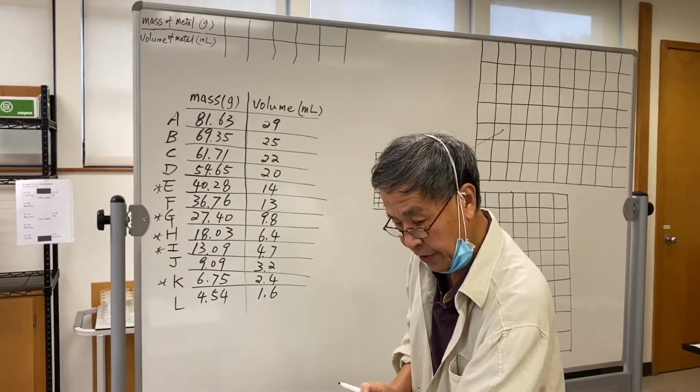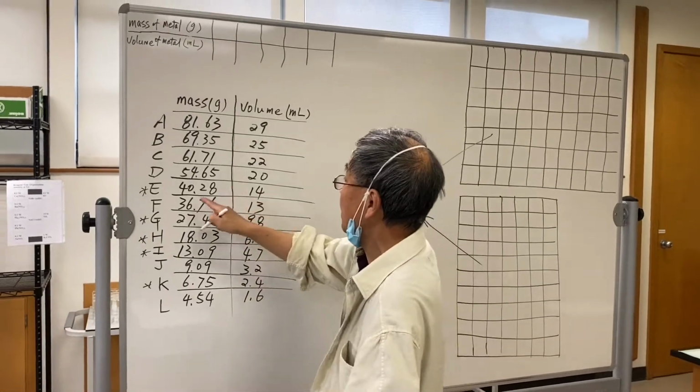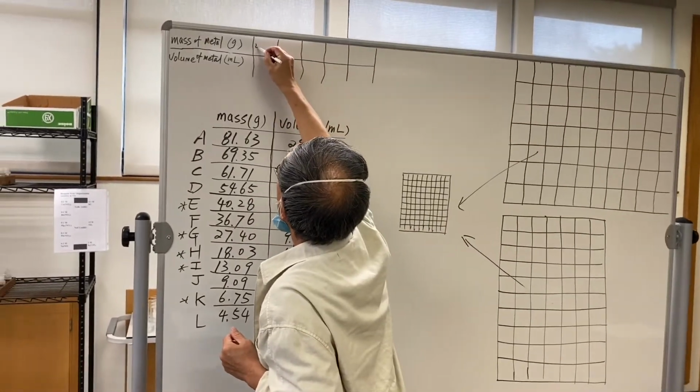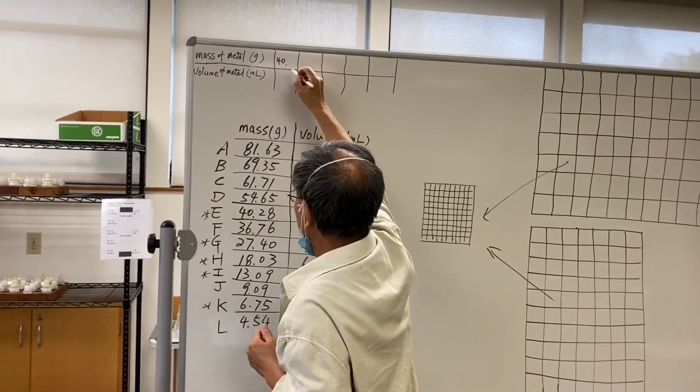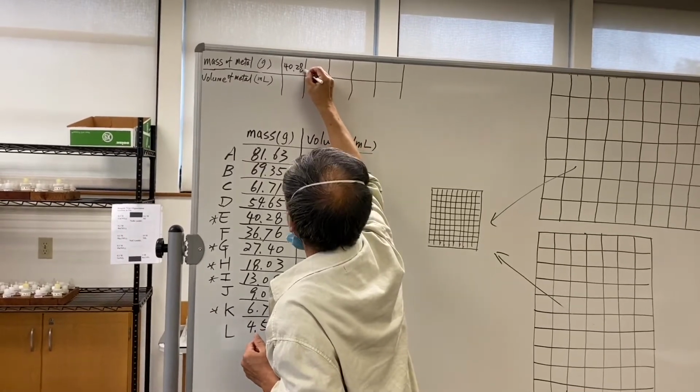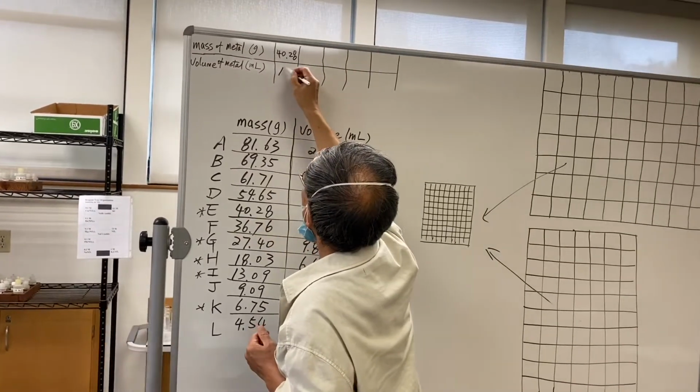So what you're going to do is you will simply record 40.28 and then 14.